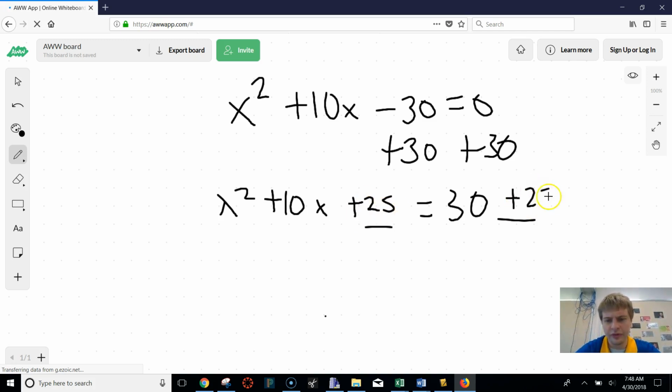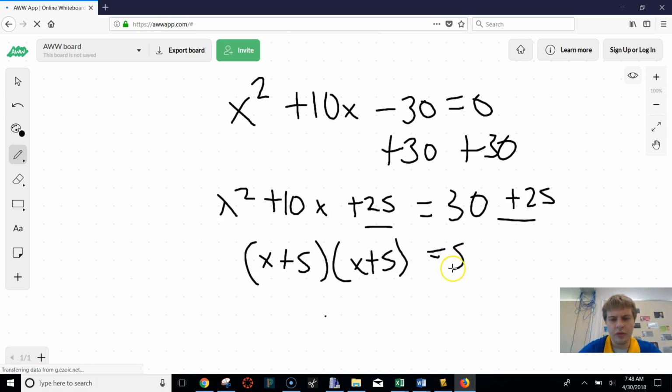And then we'll add 25 to the other side. Then I'm going to factor this side, so I'm going to get x plus 5 and x plus 5, and that's going to equal 55. And then what's faster than writing that is x plus 5 squared equals 55.